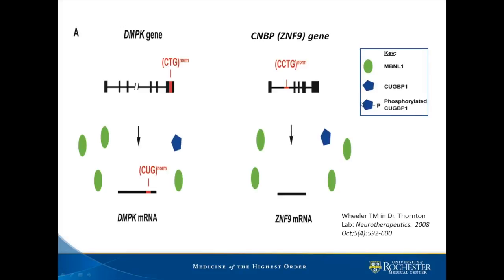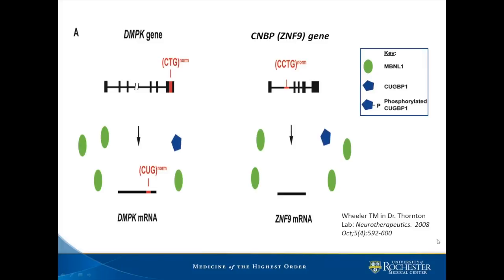It's conceivable that if it misbehaves enough, it could create muscle weakness. It doesn't do this except when it's phosphorylated. It has that little P attached. Up here is the normal way we would like to see CUGBP1, and we'd like to see muscleblind free and able to do its regulatory function.